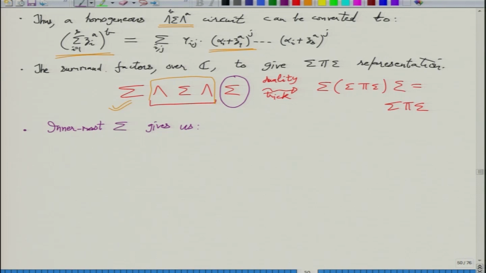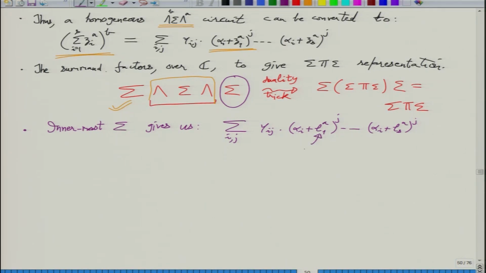So this is just sigma gamma_ij alpha_i plus a linear form L1 or a linear polynomial, even a linear function L_s raised to a raised to j, right?